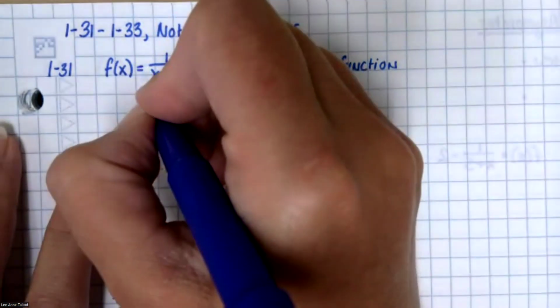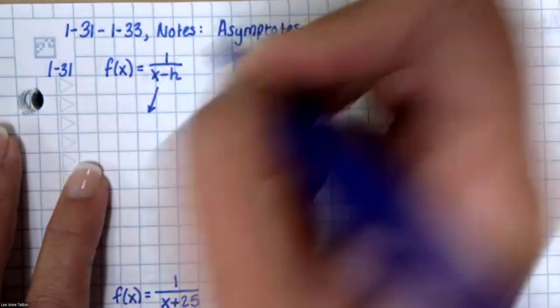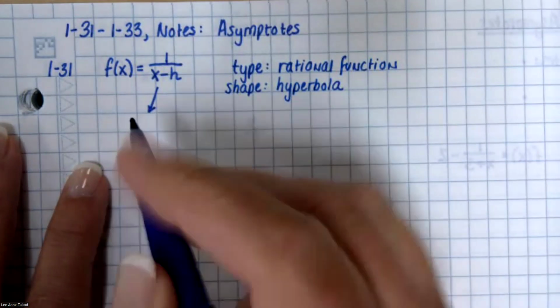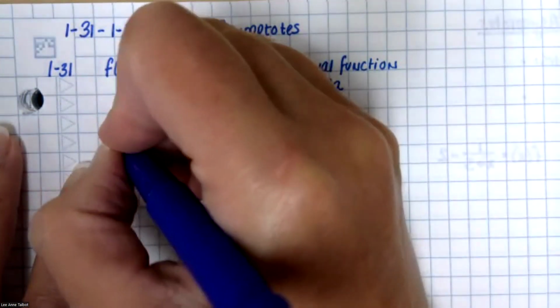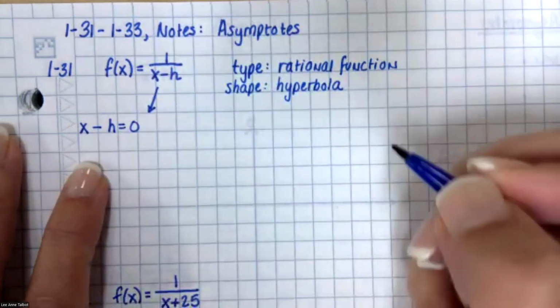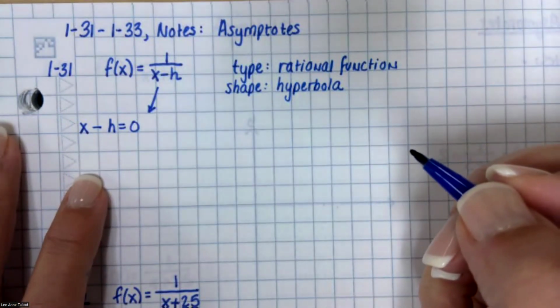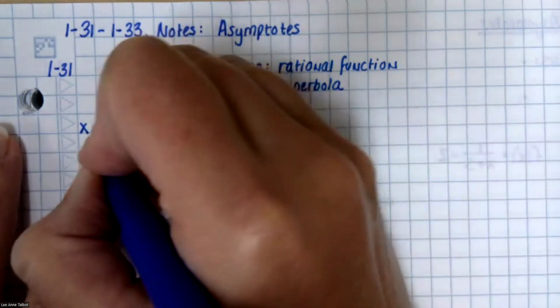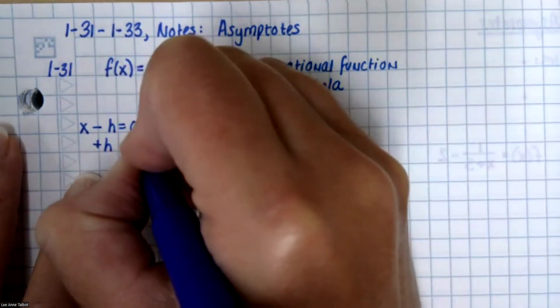Okay, now what I want you to do is take your denominator, make a little arrow and say x minus h equals 0. And add h to both sides.